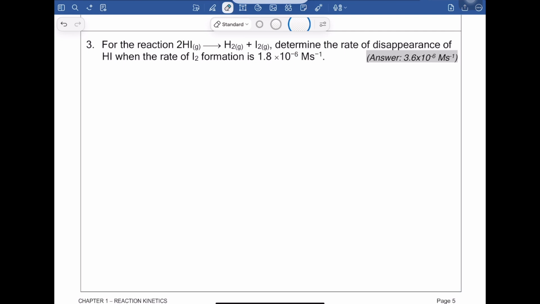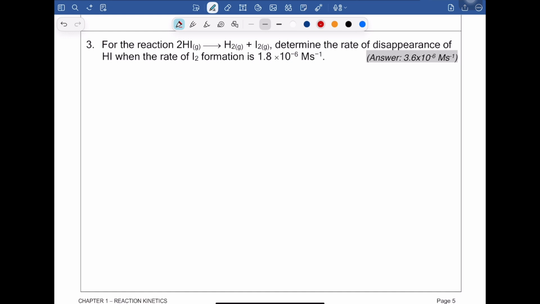Now let's take a look at these questions. How are we going to apply the differential rate equation to the questions? If you look at this question, for the reaction of 2 moles of HI, it produces 1 mole of hydrogen gas and 1 mole of iodine gas. Determine the rate of disappearance of HI when the rate of iodine formation is 1.8 exponent negative 6.